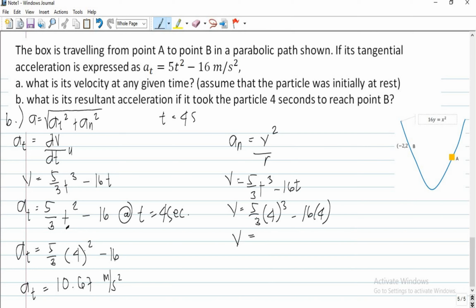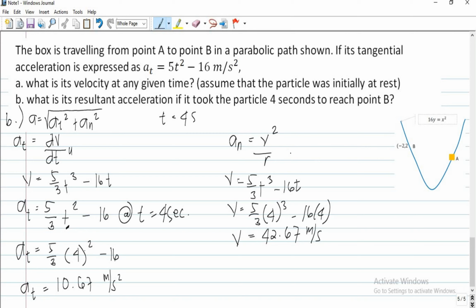My velocity is equal to 42.67 meters per second. Ay, alam ko yung V, pero paano yung R?